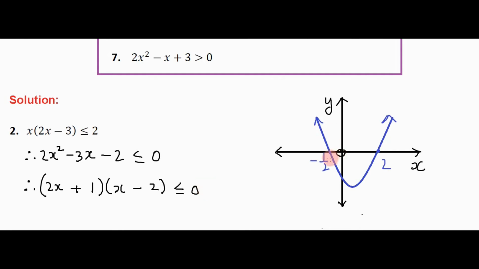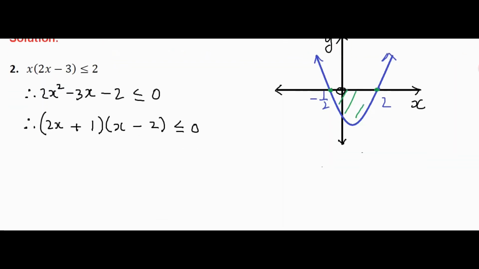So we can see that the parabola is 0 at negative a half and at 2, and it's below the x-axis or negative between negative a half and 2. Now we can write down the answer. So x will be greater than or equal to negative a half, but less than or equal to 2. In other words, over this part of the x-axis.